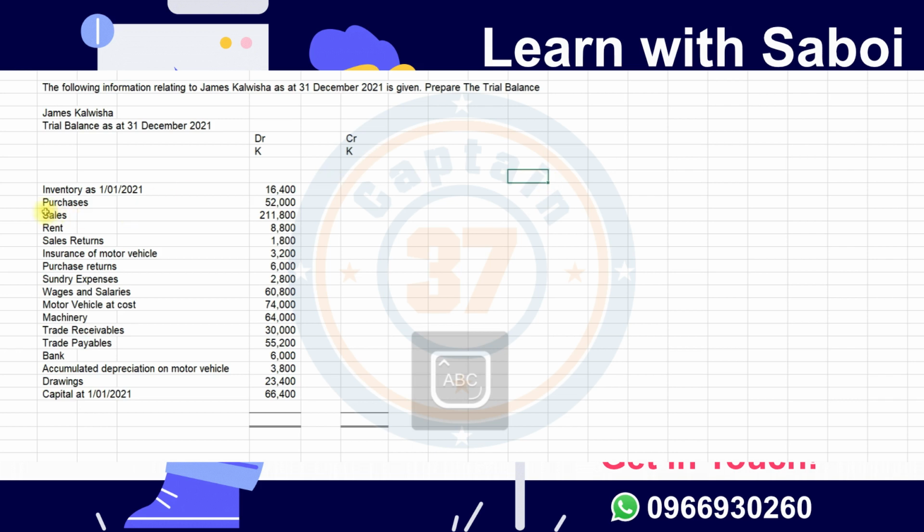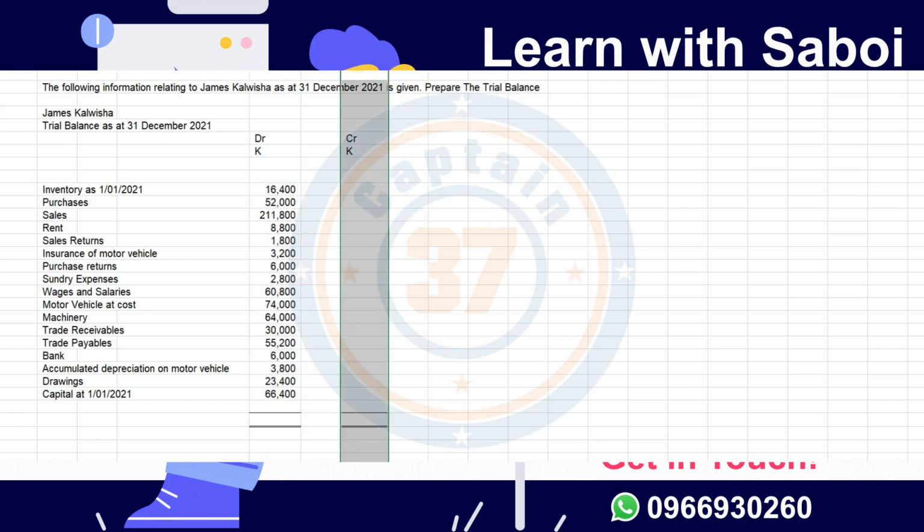So when we look at inventory, we start with inventory. Each one of these figures is for each one of these items. So we need to clearly indicate whether these particular figures are correctly indicated as debits, or if it is under this particular column and it is not supposed to be there, we move it to this particular column.